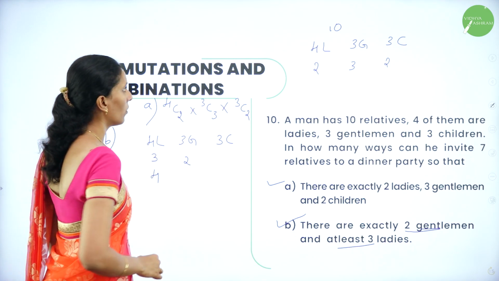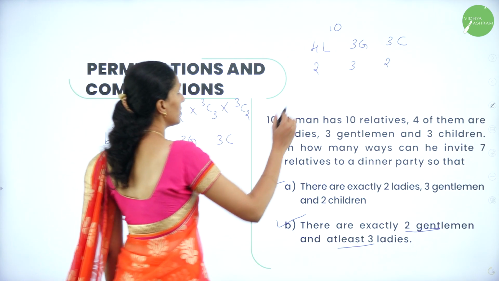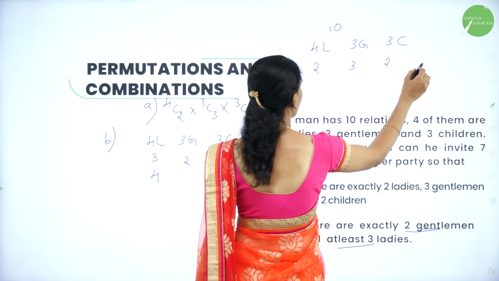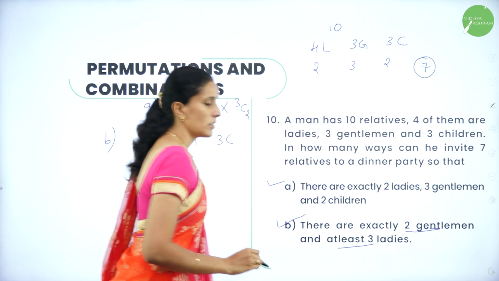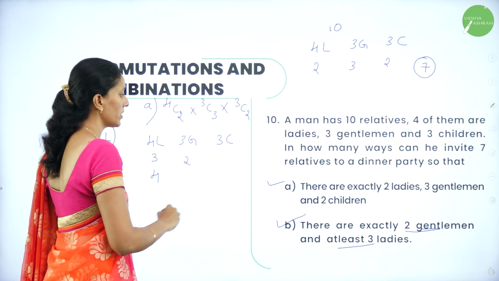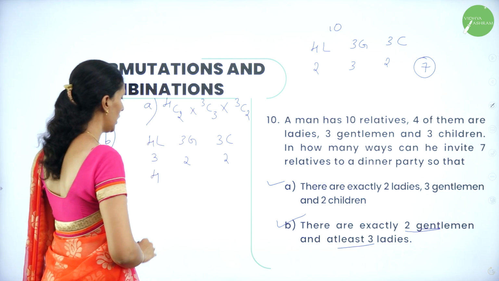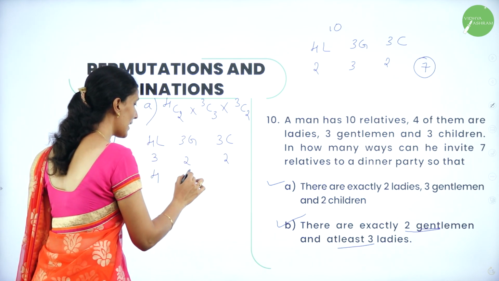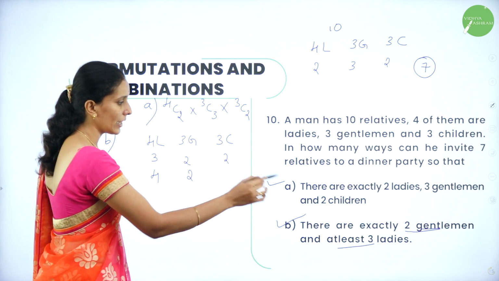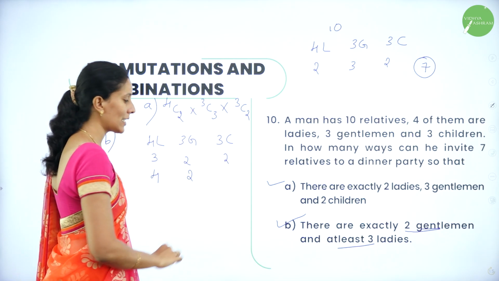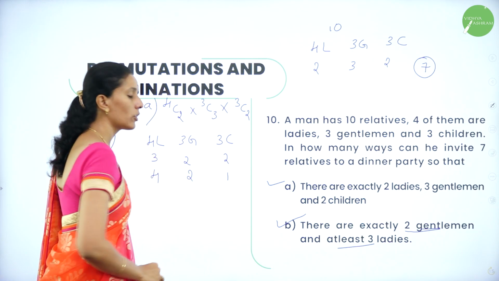So what about the children here? Out of 10, we have to invite 7. So 3 plus 2 is 5, I can invite 2 children. If here it is 4, gentlemen is exactly 2 as in the question, so 4 plus 2 is 6. So here I am left with 1.